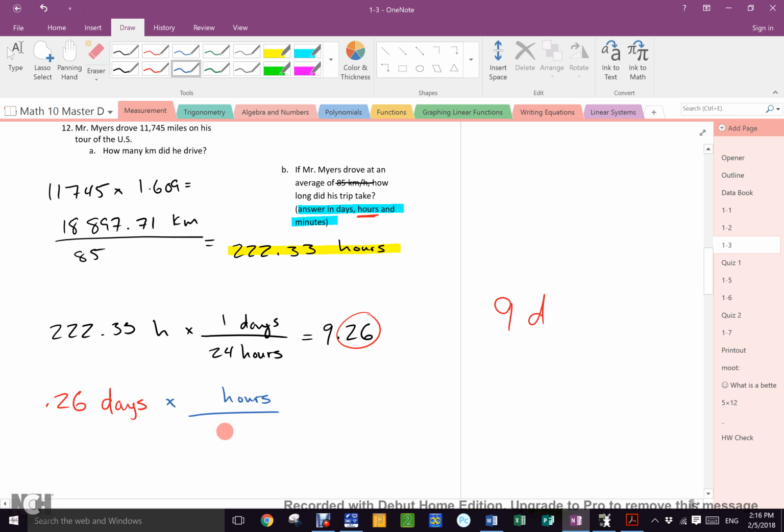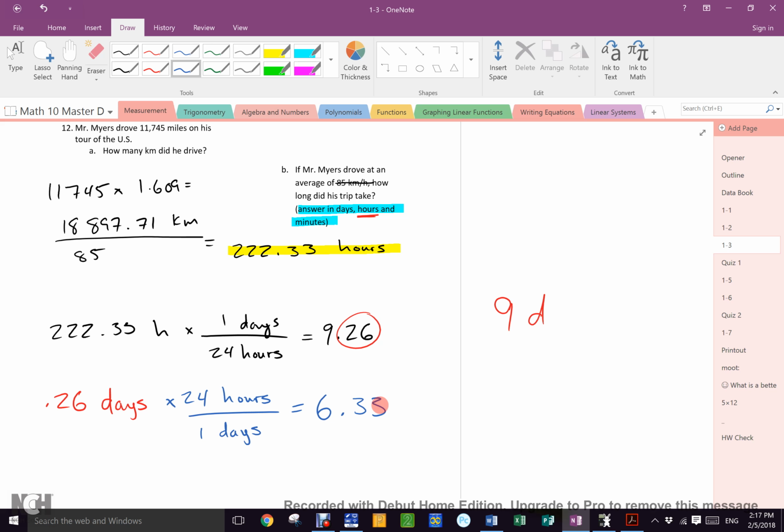And what do I have? Days. 1 day is 24 hours. The 1's on the bottom, so what do I do? Multiply, and I get 6 point... I can't remember. 6.33. Okay?